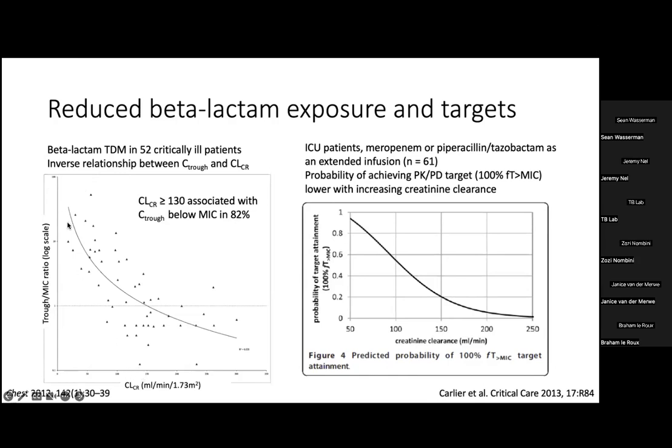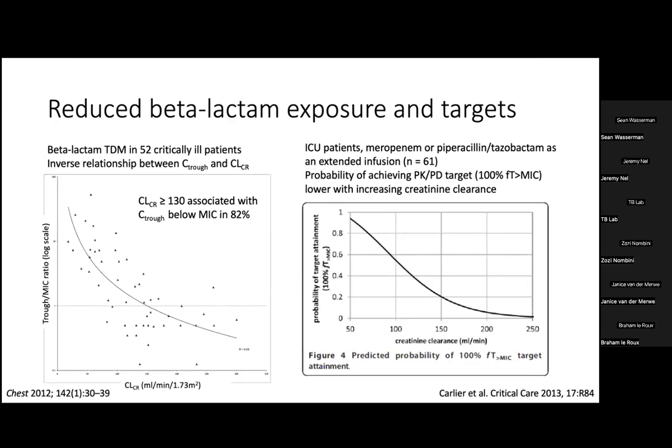So as the creatinine clearance goes up, the trough concentration, in this case a ratio of MIC on a log scale, goes down. And in this study, a creatinine clearance of more than 130 was associated with a trough concentration below the MIC in 82% of patients, so potentially subtherapeutic.